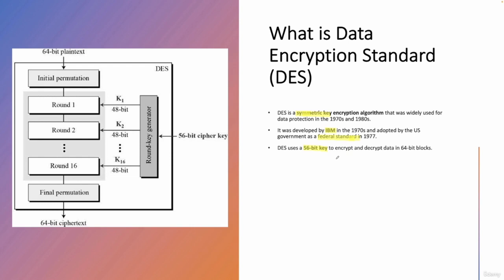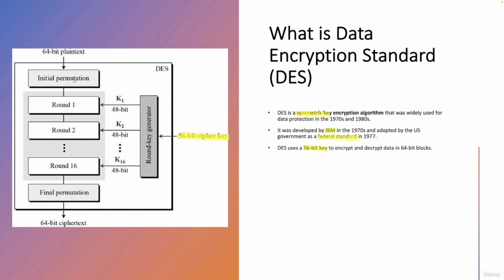As we studied, you have a cipher algorithm, and the input to a cipher algorithm is a key, a set of numbers. Here DES used a 56-bit cipher key, and we've taken a good example here that describes how the DES algorithm works.